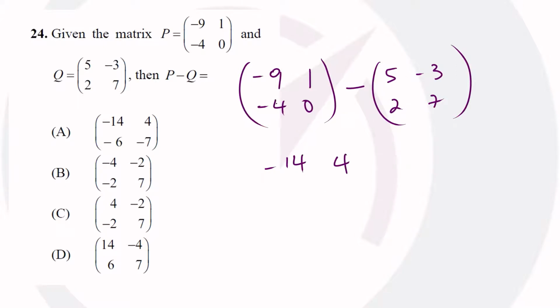And then negative 4 minus 2 gives us negative 6. You can distribute or you don't have to distribute. I'm working it both ways so you can see that it works both ways. So 0 minus positive 7 gives us negative 7. So the answer that matches would be A.